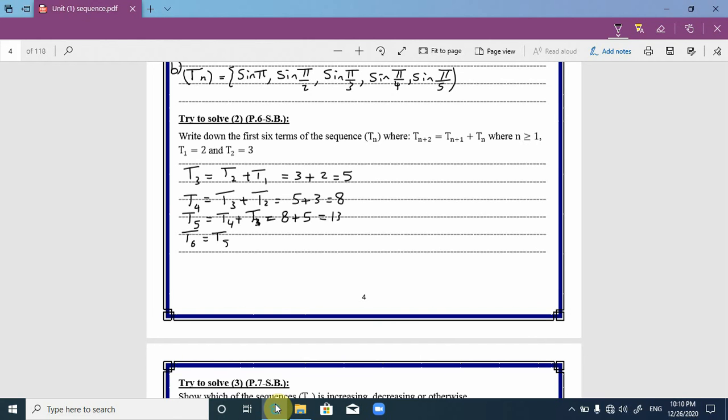T6 equals T5 plus T4, which equals 13 plus 8, equals 21. So Tn is the general rule of this sequence. The first term is 2, second term 3, third term 5, fourth term 8, fifth term 13, and sixth term 21.